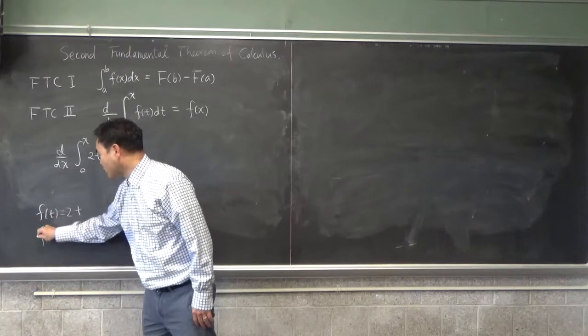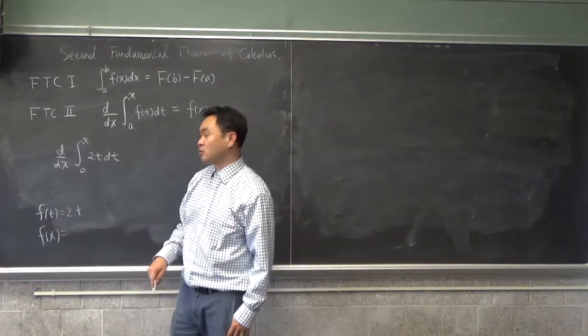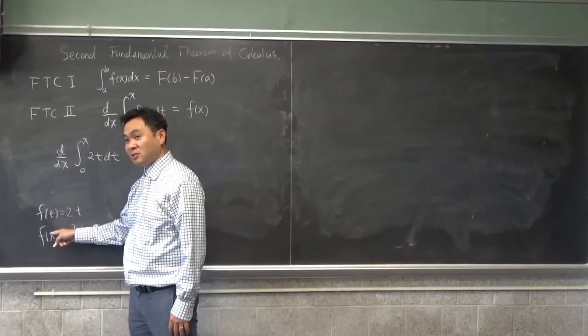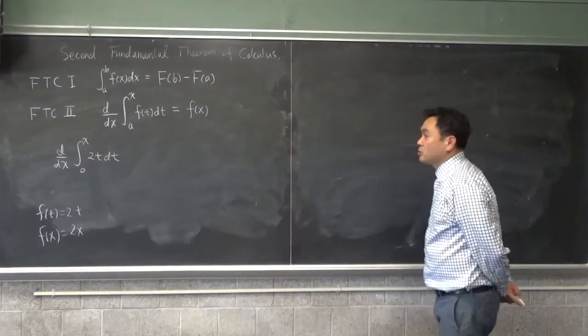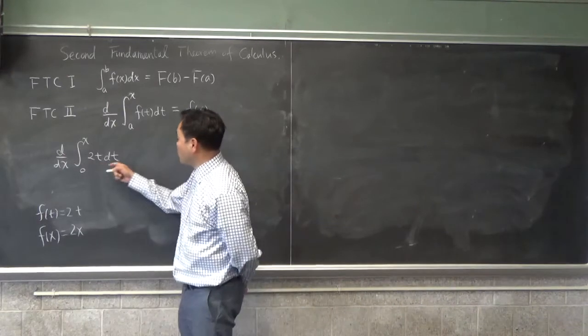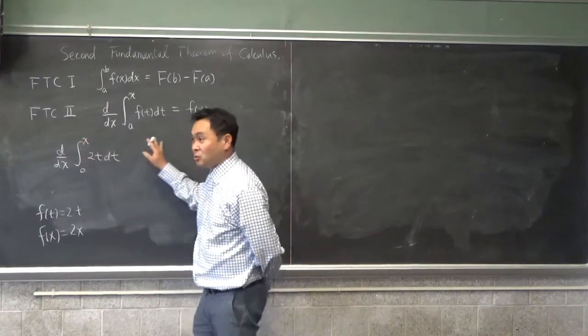Then what's f of x? 2x, because all that's changed is t became x. And hopefully this is going to match with f of x, which is 2x. So we want this to evaluate to 2x.